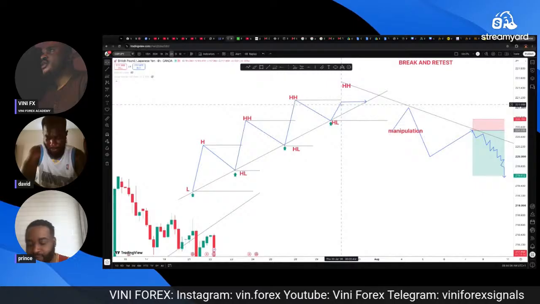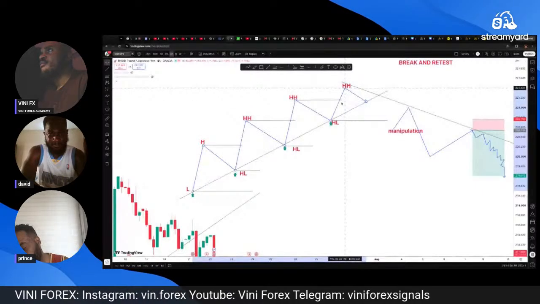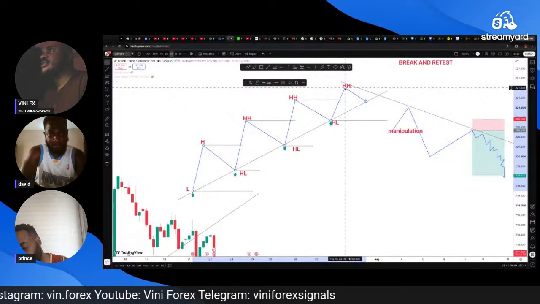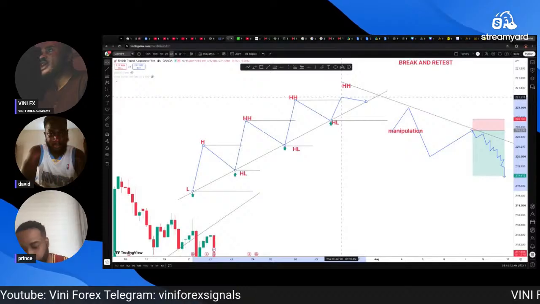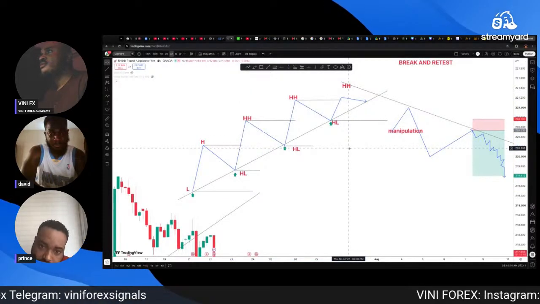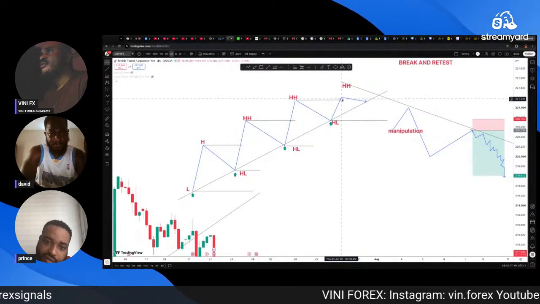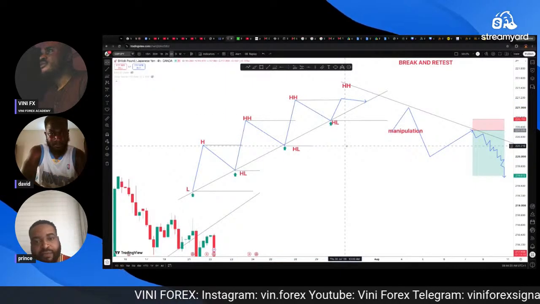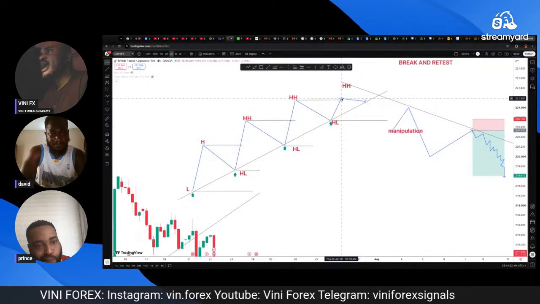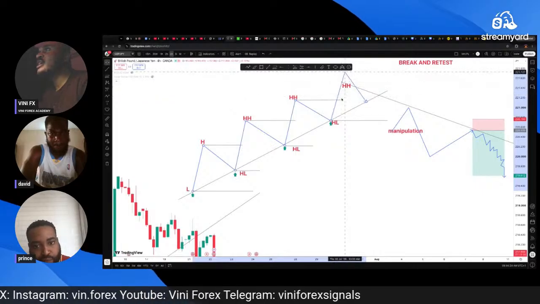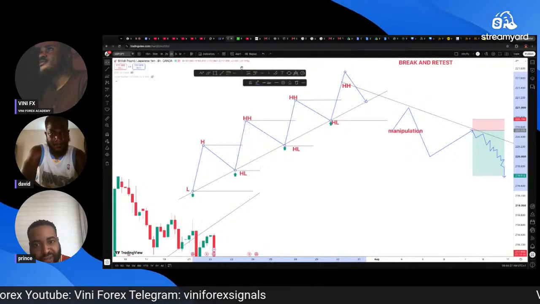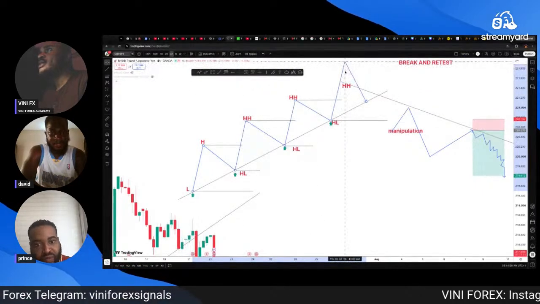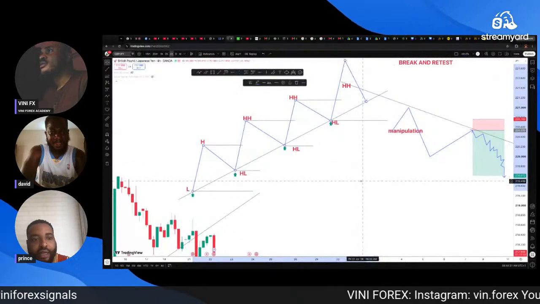But it is here, breaking above that line, so it is now a higher high. Even if it is just slightly above, it is a higher high. Even if it is way up like this, it is still a higher high.